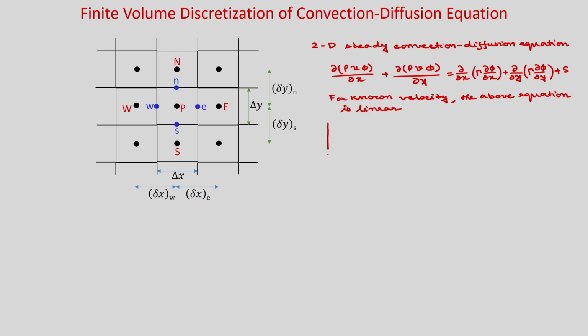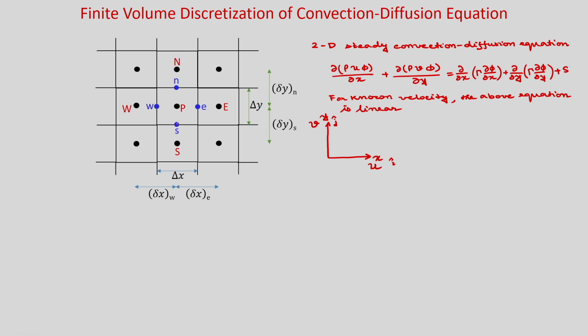We discussed that if this is your x direction and this is your y direction, then u is the velocity in x direction, v is the velocity in y direction, and i is the unit vector in x direction and j is the unit vector in y direction.